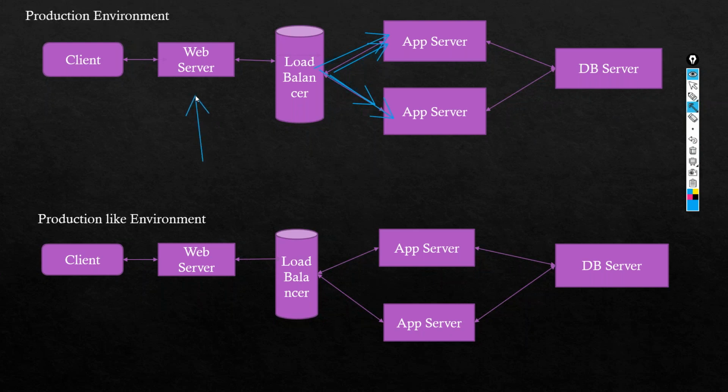And then there is a web server, which is purely responsible for displaying the CSS or HTML content. For example, on Facebook, you give your username and password and click the login button, and then you should ideally be navigated to the home page, right?